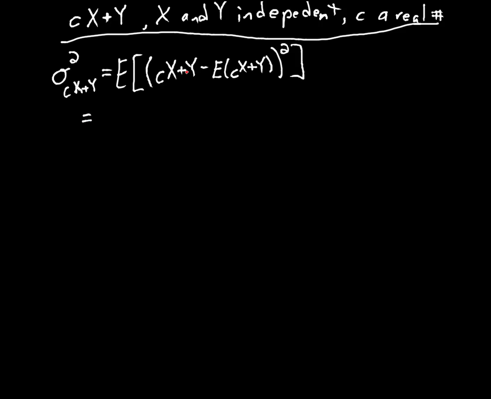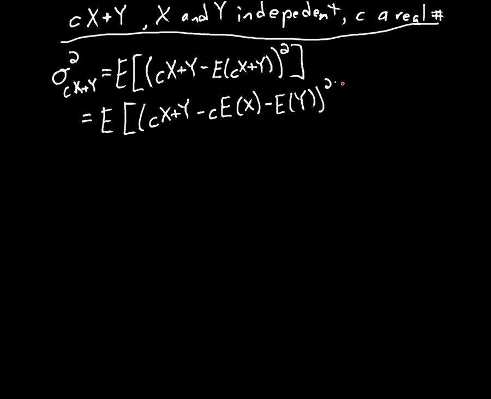Okay, so first thing we're going to do is apply linearity of expectation, and so from the previous section we saw that the expectation of cx plus y is c times the expectation of x plus the expectation of y, but I've got this minus sign out here, so that's going to give me a minus expectation of y.